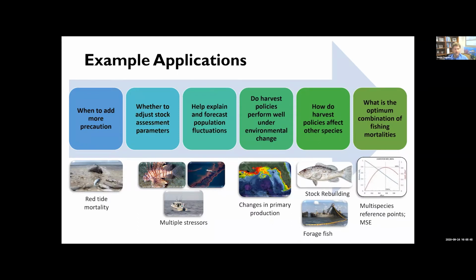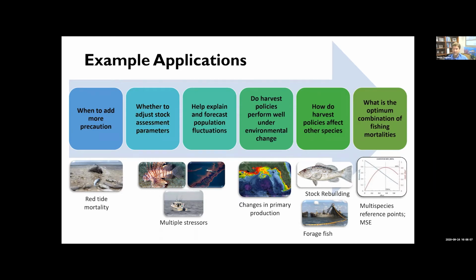In other cases, there are multiple stressors. For example, in the northern Gulf of Mexico, we did a model that looked at the combination of lionfish, oil spills, and fishing mortality, trying to determine how those are affecting reef fish webs in the northern Gulf. We also look at how well harvest policies perform under environmental change.